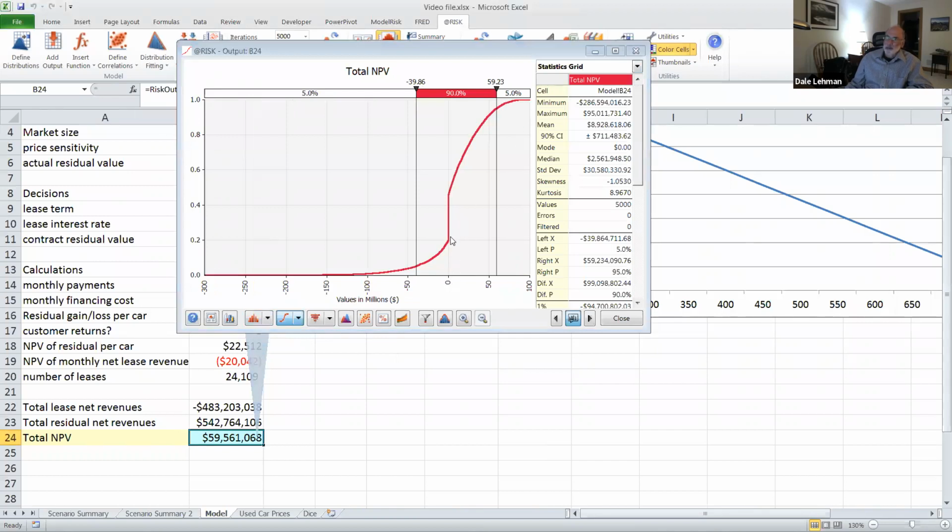At 0, notice the jump from 20% up to 50%, all have the value of 0. This is the chance of being below 0, about 20%. That's the cumulative probability. I'll go back to the histogram.